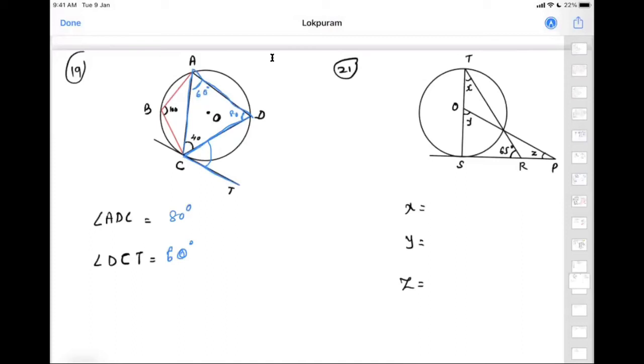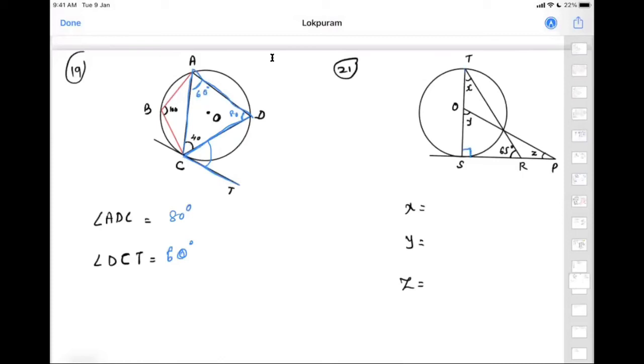Next question. In the given figure, AB is a diameter. Sorry, the 20th question is omitted, so the 21st. In the given figure, O is the center of a circle, SP is a tangent, and ST is a diameter. Angle SRT is 65. You have to find x, y, and z. So this is 90 degree.